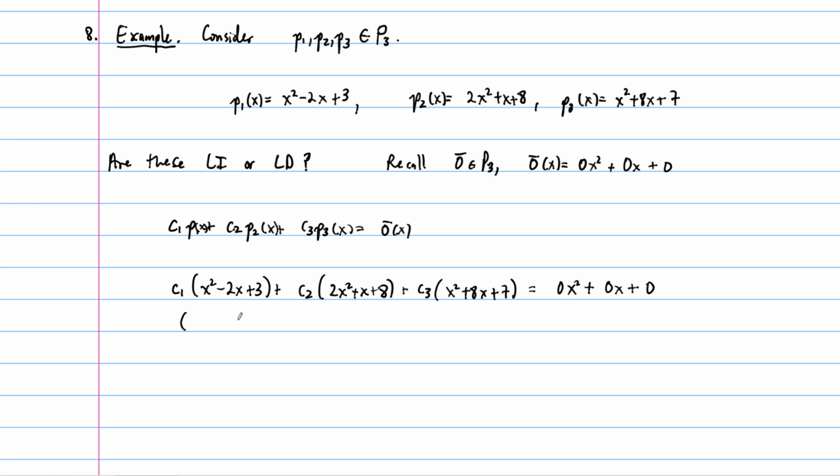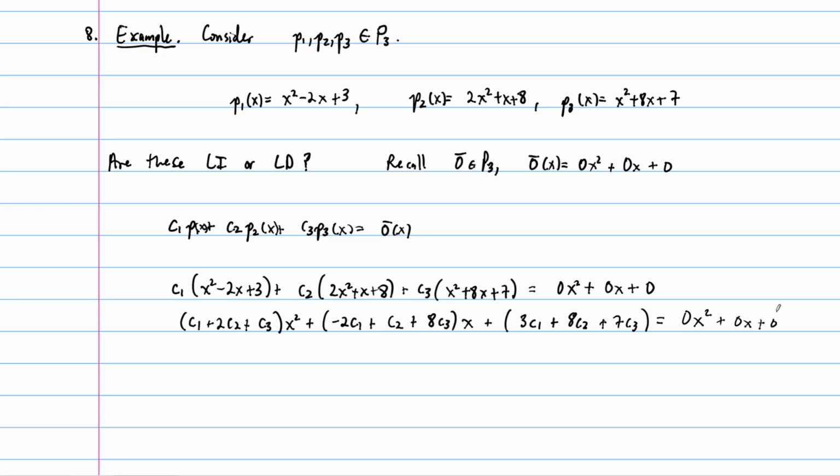So if we regroup, this will be C1 plus 2C2 plus C3 times x squared, plus negative 2C1 plus C2 plus 8C3 times x, plus 3C1 plus 8C2 plus 7C3, and that's got to be equal to 0x squared plus 0x plus 0.